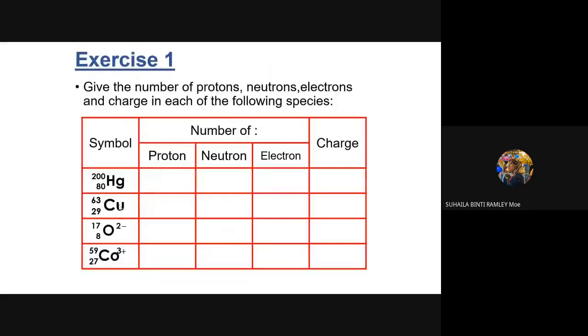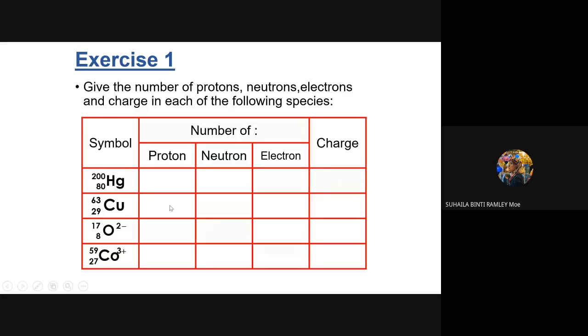Can someone answer this question? For mercury: proton 80, neutron 120, and electron 80. Here we don't have a charge for mercury, so just Hg without charge. It means electron and proton have the same number, so charge equals 0.